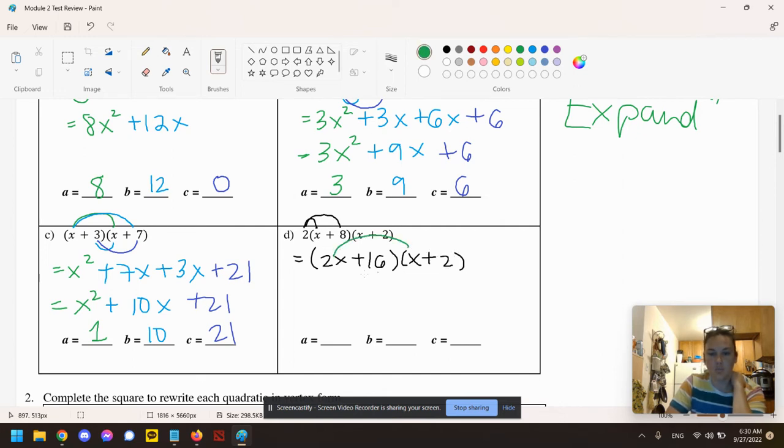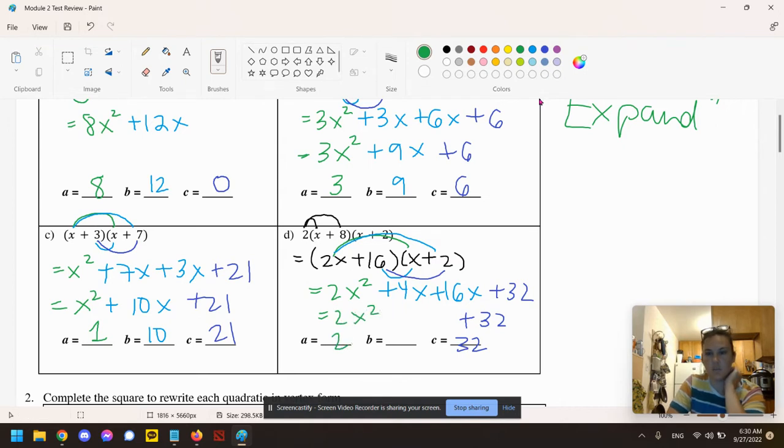Then we do it as normal. 2x squared, 2x times 2 is 4x now. 16 times x is just 16x. And 16 times 2 is 32. So the c is 32. The a is 2. And the light blue b becomes a 20. Cool.